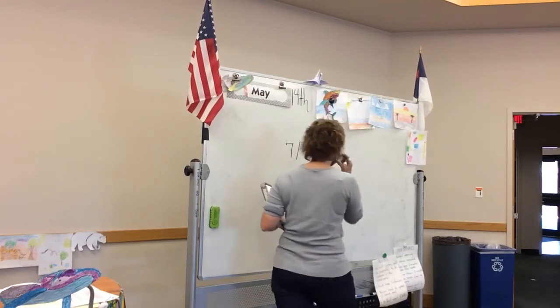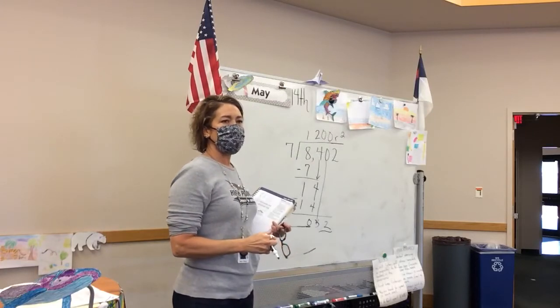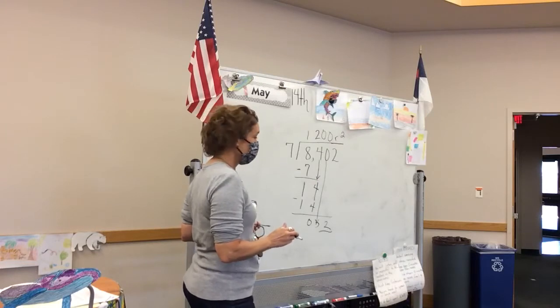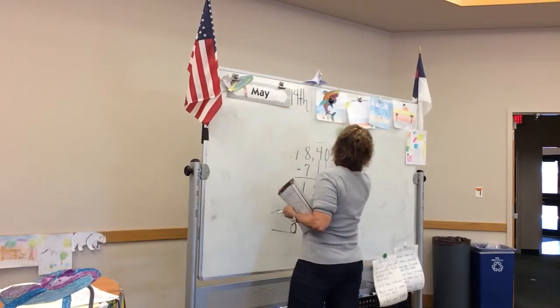Now, if I were going to make that into a fraction, how would it look? What would it be if it were a fraction, Kristen? What's that? 2/7. Very good. It's kind of a weird one with the zeros.